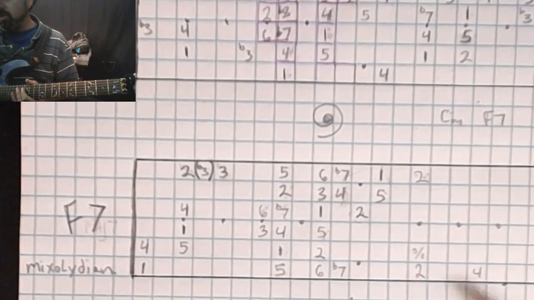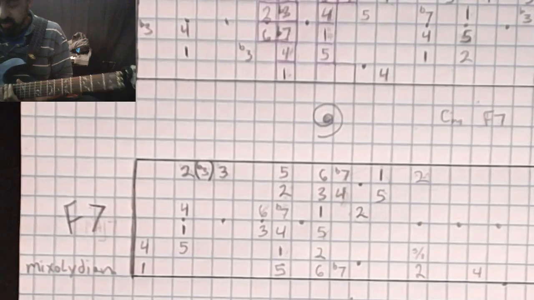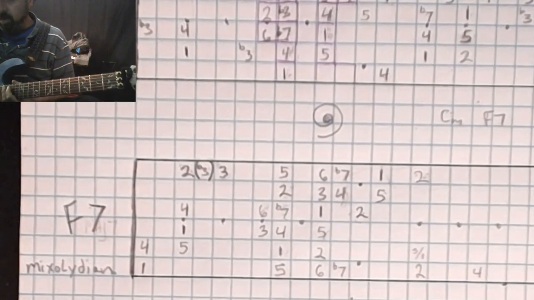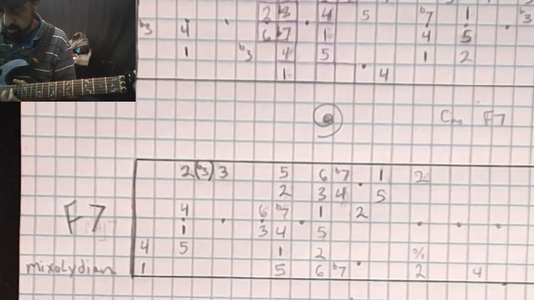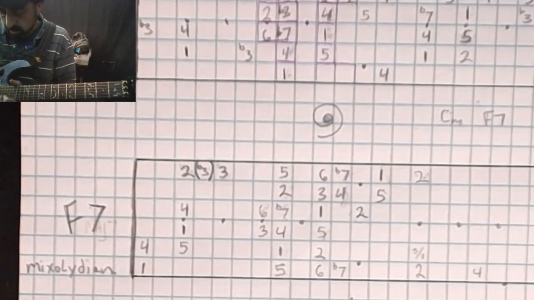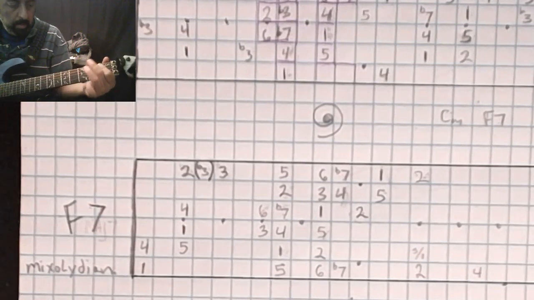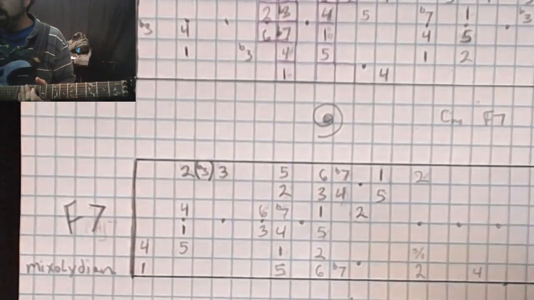So we start 2, 4, we get a 2 and 4, but then it starts the C note here. I just took you right through the end there.